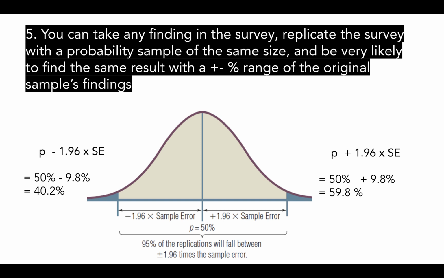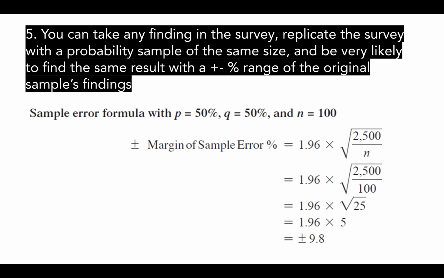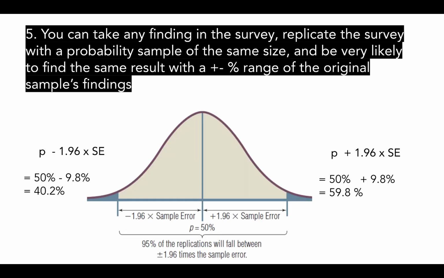And on the right side, we do P plus 1.96 times the sample error. So 50%, which was P, plus 9.8. Where did we get 9.8? That was, of course, right here from the formula, which is 59.8%. So what we have is a confidence interval, a range between 40.2 and 59.8.